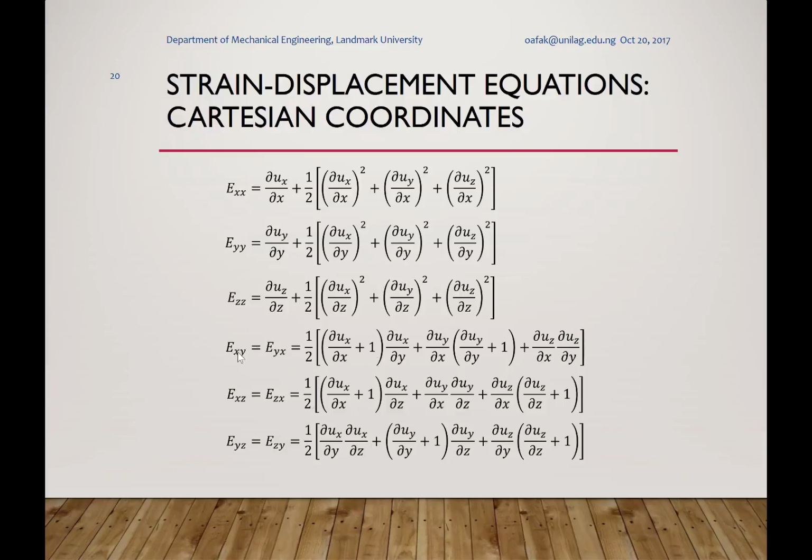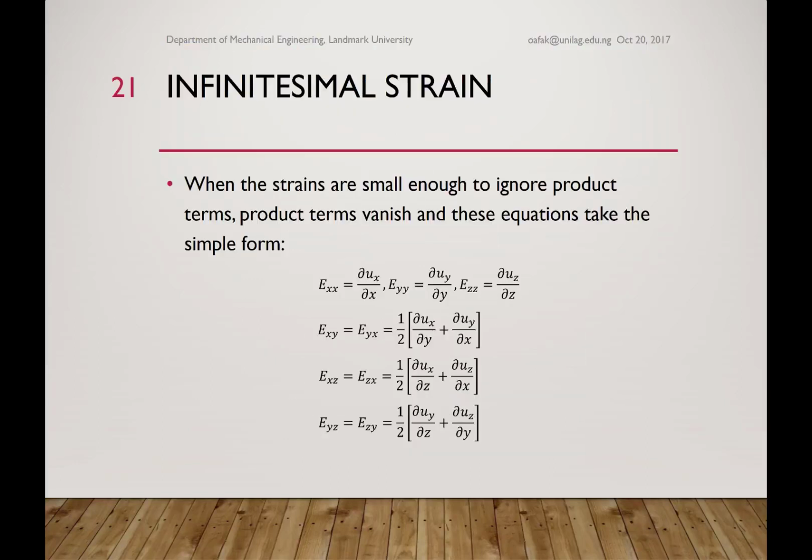In the case of the shear strains, the linear and the nonlinear parts are relatively mixed here, but they can be removed and separated if we need to. In the situation where the strains are small, as we said earlier on, the nonlinear product part will vanish, and all we will have left are the linear parts. So the equations become relatively simpler.